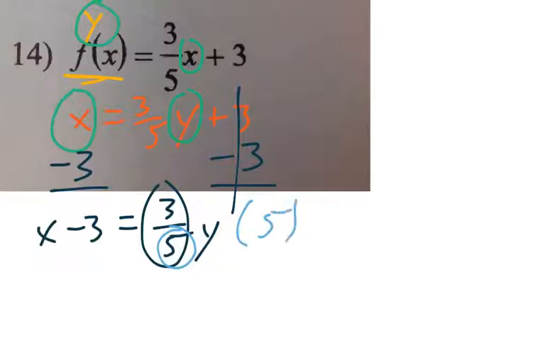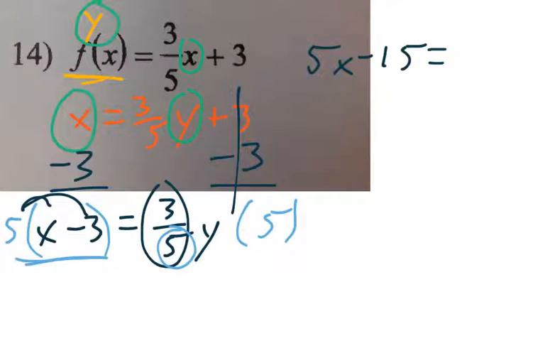Well, let's go ahead and multiply both sides by 5. Now notice on the left here, guys, I'm going to have to do distributive property. So 5x is 5x. 5 times minus 3 is minus 15, equal to, now on the right side, what's cool is the divide 5 is gone. 5 divided by 5 is 1. And I'm left with just 3y.